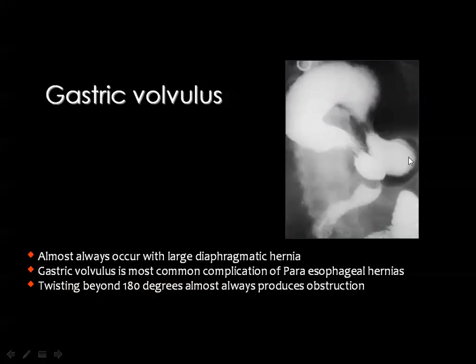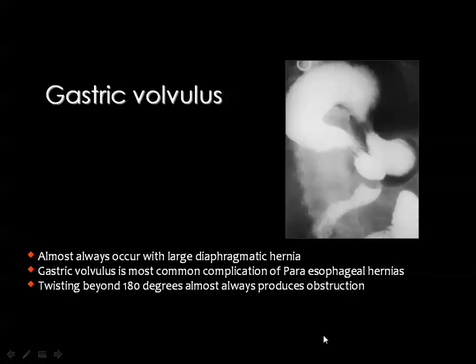And here you can see that this is the fundus, and this is the greater curvature of the stomach, which is facing upward, and this is the duodenum and the rest of the duodenal loop. Then this gastric volvulus is almost always part of a large diaphragmatic hernia.